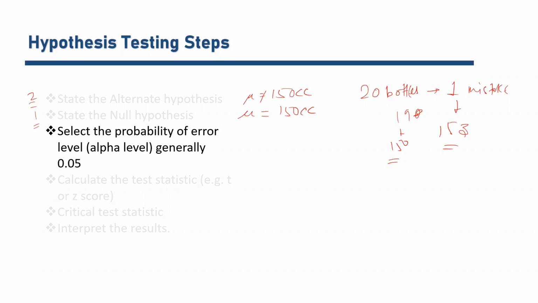Most of the industrial scenarios we take 5%. If things are life critical, then you go for 1%, like cancer detection, right? Or even less than that. The decision which you are taking is very important, and it might be costly, right?